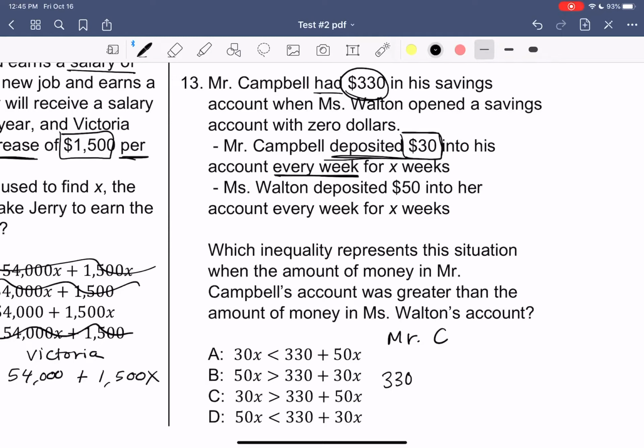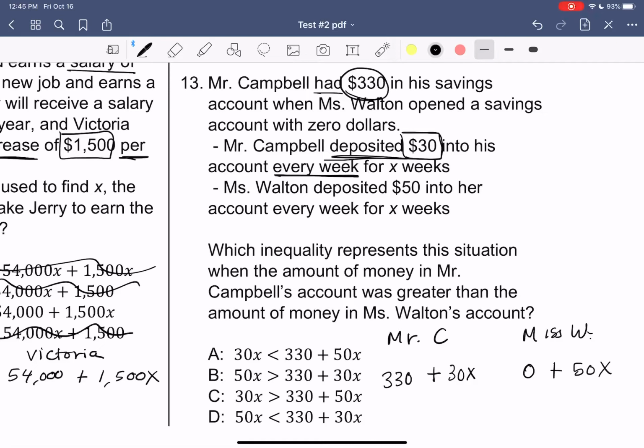So deposit means add. He's adding $30 each week. Miss Walton has $0. And she's adding $50 per week.